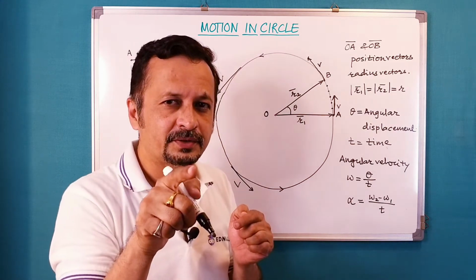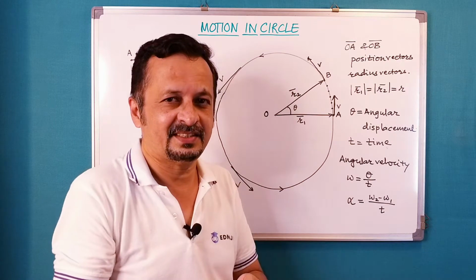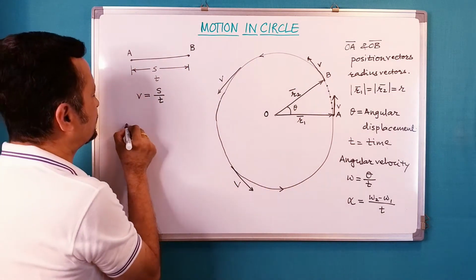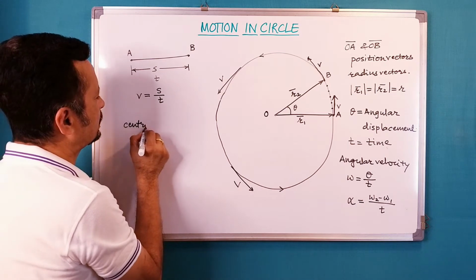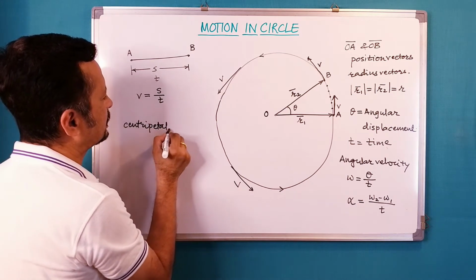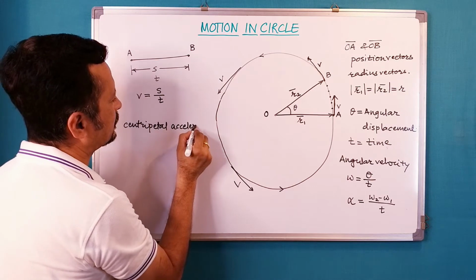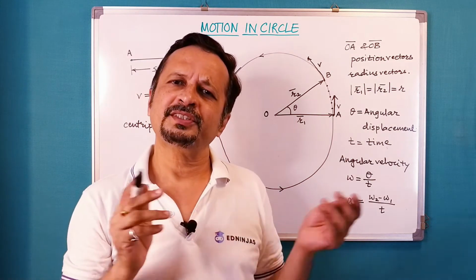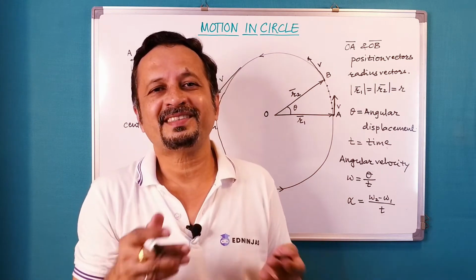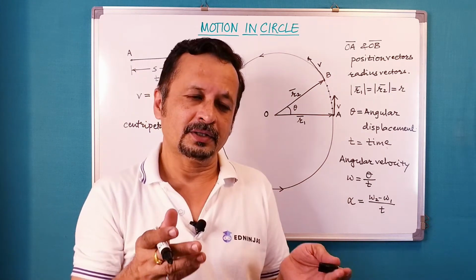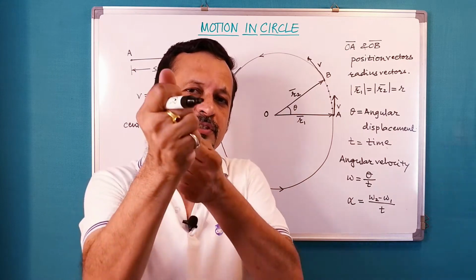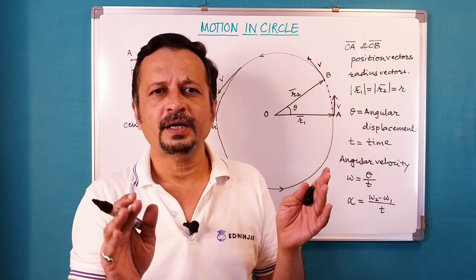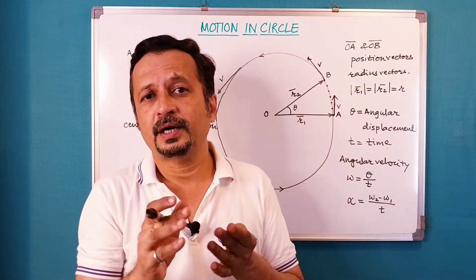This acceleration is called centripetal acceleration. When we say centripetal, what does it mean? Centripetal means center seeking. The acceleration which continuously pulls the particle towards the center of the circle, it is only that you have to understand.